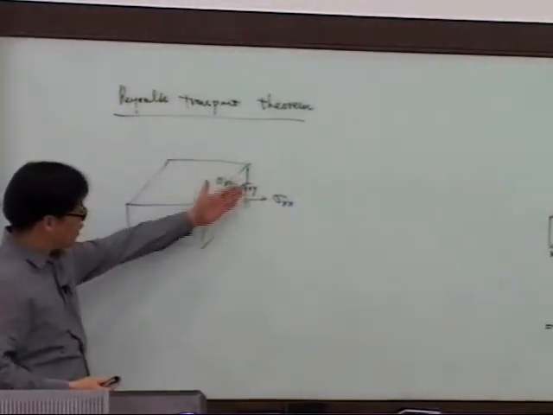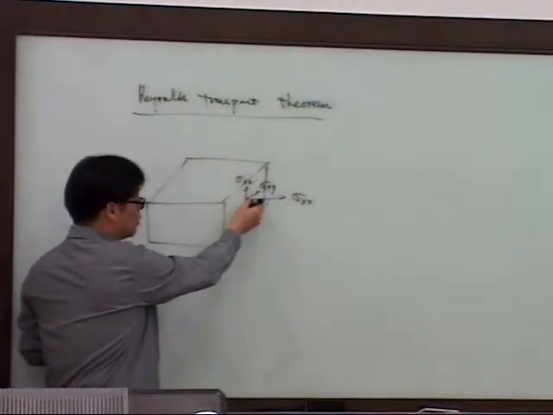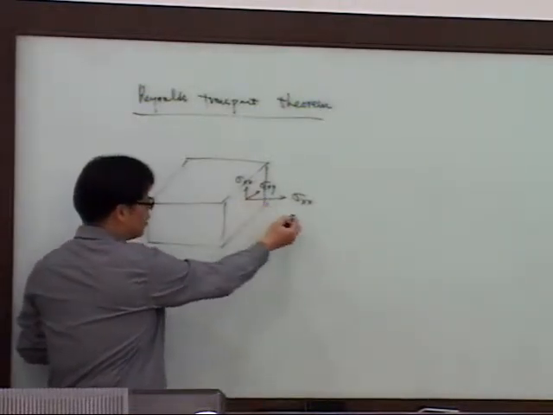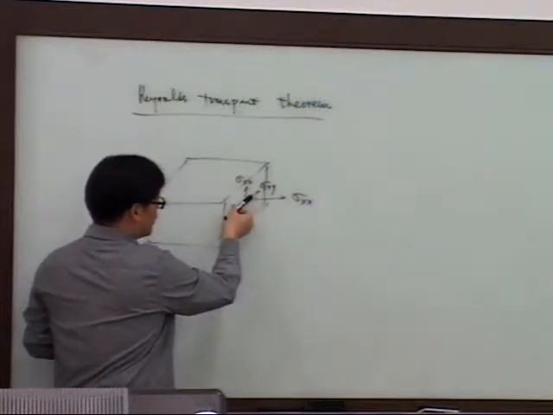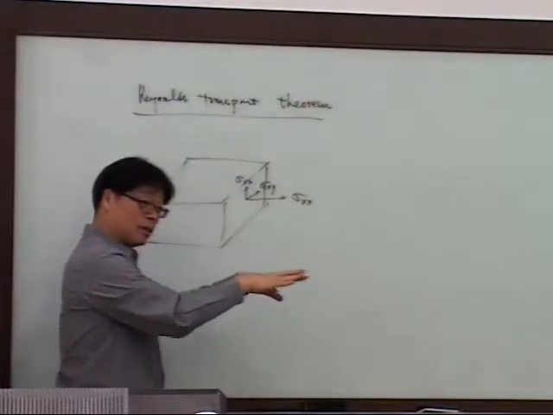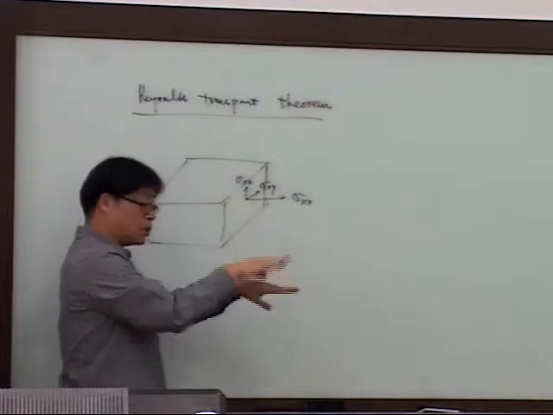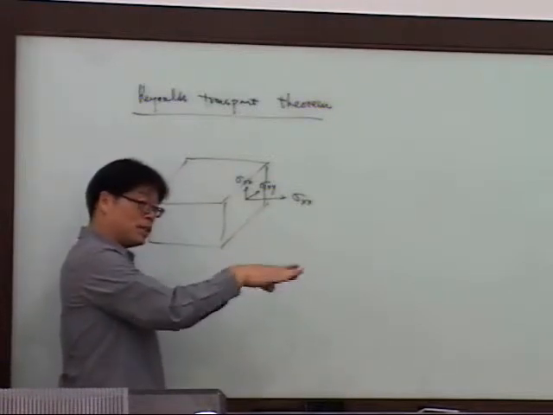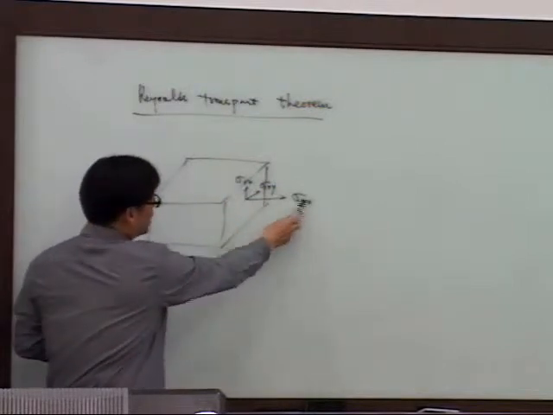So on this surface on the right-hand side, there is a force normal to this surface, which I call sigma xx, and the force in the y direction due to the tangential, relative motion in the y direction, and also there is a relative motion in the z direction. So I have another force in the z direction.